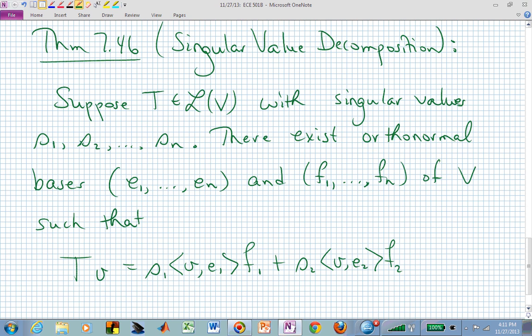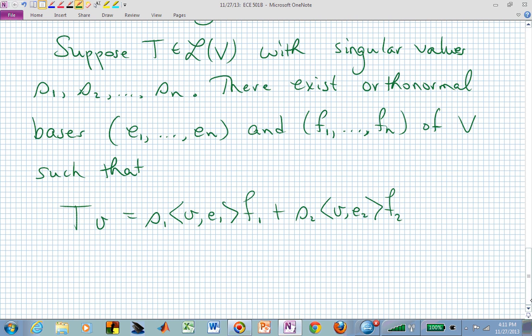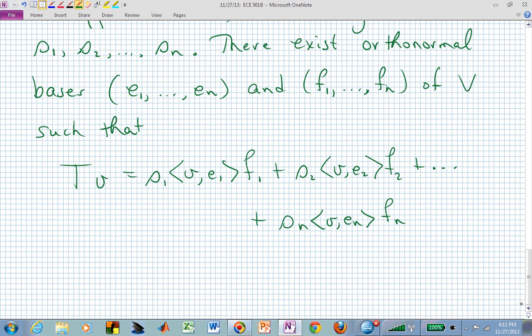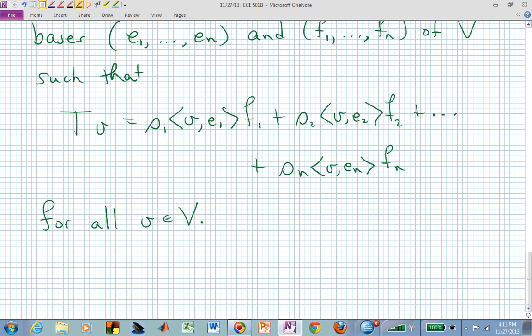S sub 2 times the inner product of V and E2, that's a scalar, and we're scaling these basis vectors F1 through F sub n, and we can keep doing that down to S sub n times the inner product of V and E sub n, times F sub n. And that can be done for all vectors V in our vector space capital V. That's the decomposition. That's our singular value decomposition.